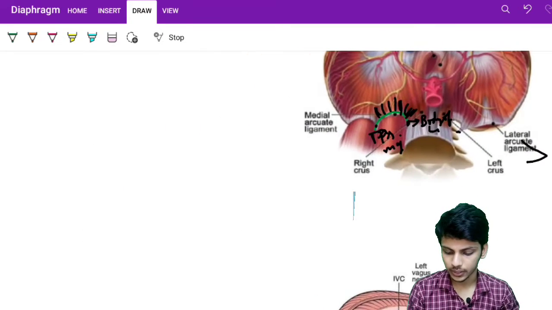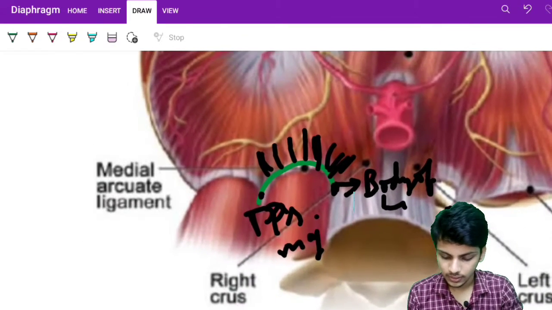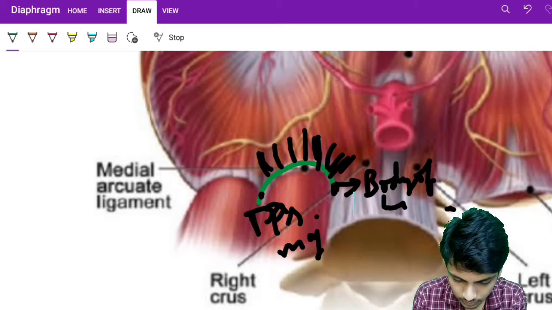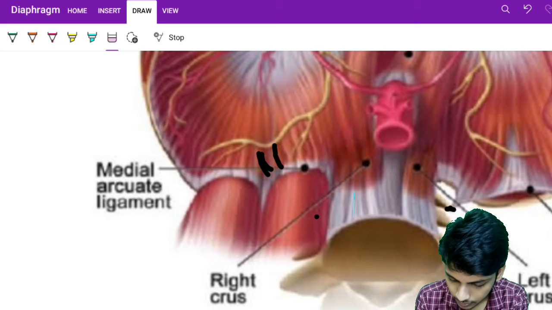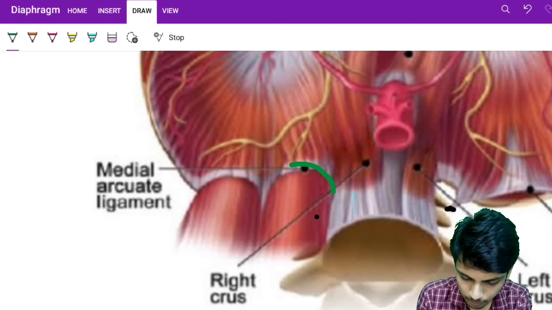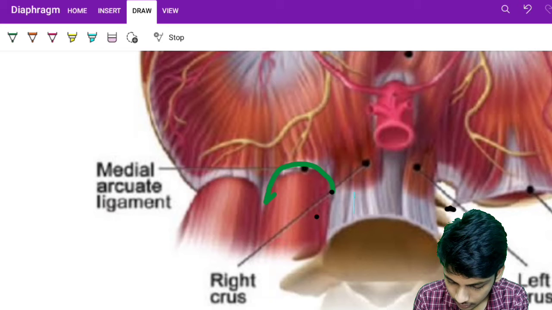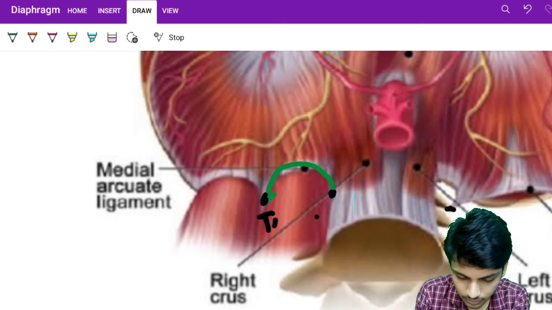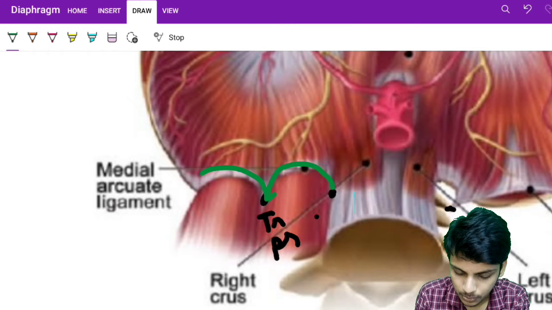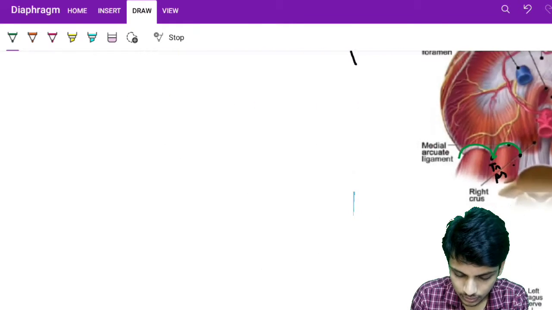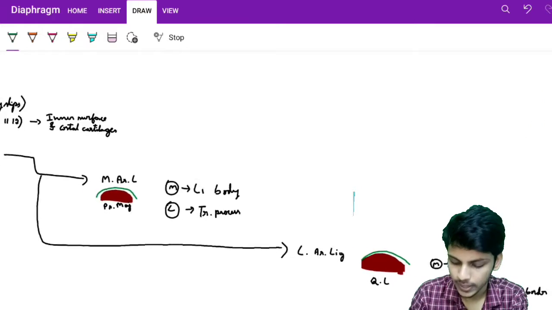Now the lateral arcuate ligament. Sorry, this was the medial arcuate ligament, from the L1 body to the transverse process. Now this lateral arcuate ligament begins from the transverse process and goes till the 12th rib.